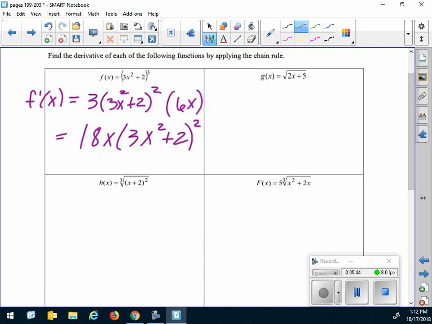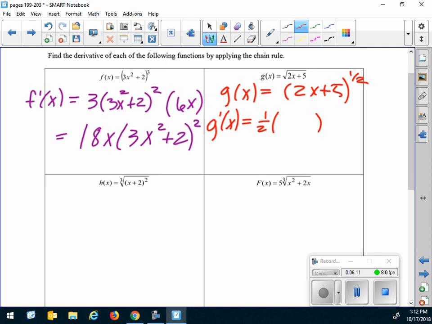G of x. Let's do a rewrite on g of x first. This is 2x plus 5 raised to the 1/2 power. What's your outer function? Raising something to the 1/2 power. So g prime of x equals 1/2 of that to the negative 1/2 times the derivative of the inside.